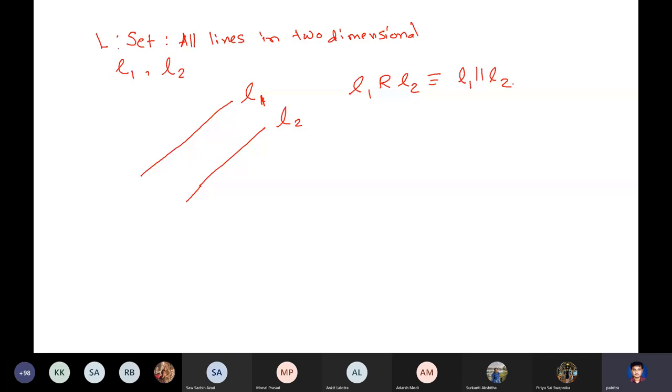If L1 is parallel to L2, I say L1 is related to L2 over the set of all possible lines in 2 dimensions. Now you see it's reflexive. A line is parallel to itself. It's symmetric.